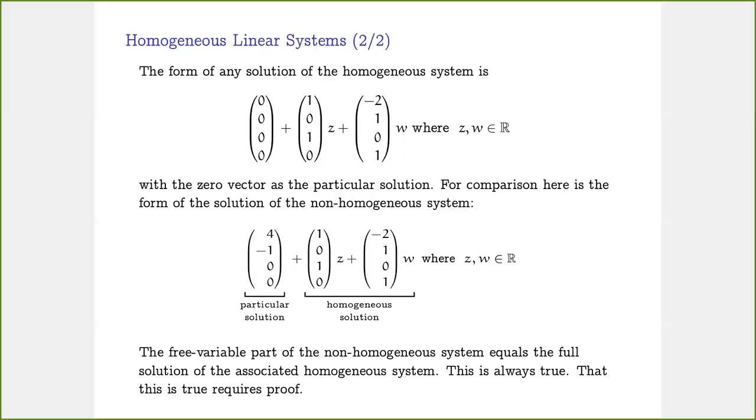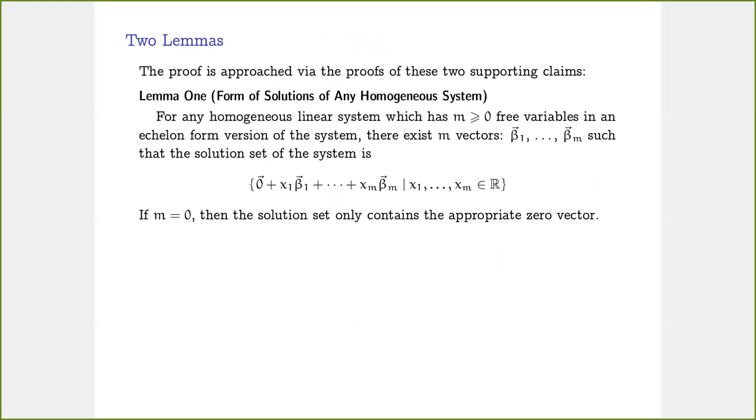This claim requires proof. The proof is approached via the proofs of these two supporting claims. A lemma is a supporting proposition. Lemma 1, concerning the form of solutions of any homogeneous system.